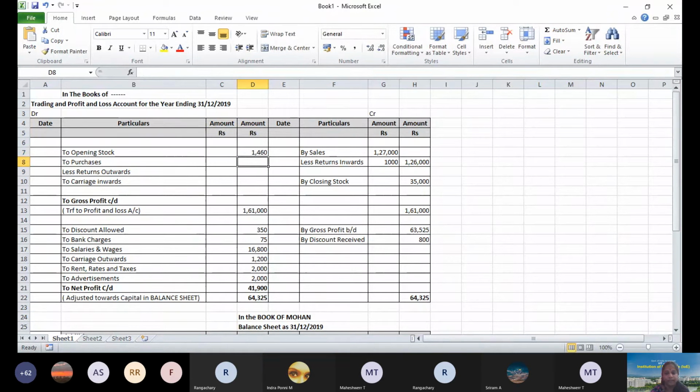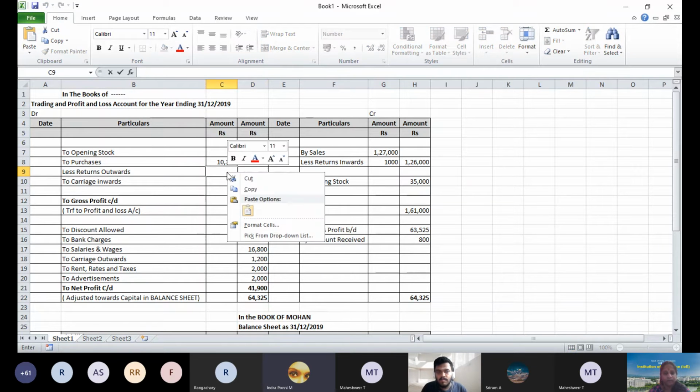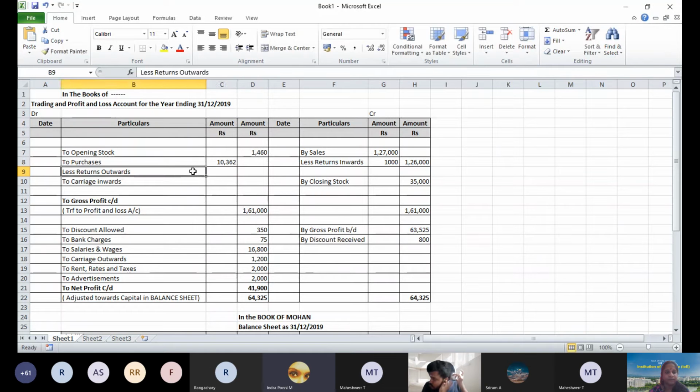What is the next aspect? Please tell me what is coming next in the problem. It's purchase. What is the amount? 10,362. Less purchase return, what is it? 291. It's in credit.